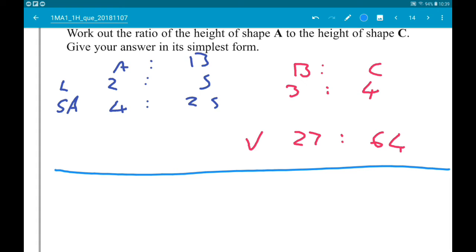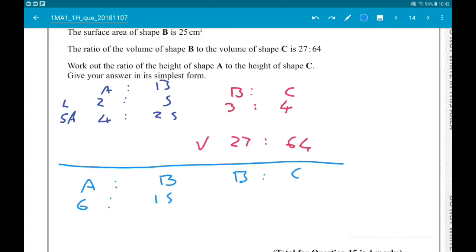So on the left, we are going to get 6 to 15. On the right, we are going to get 15 to 20 because we're multiplying by 5.